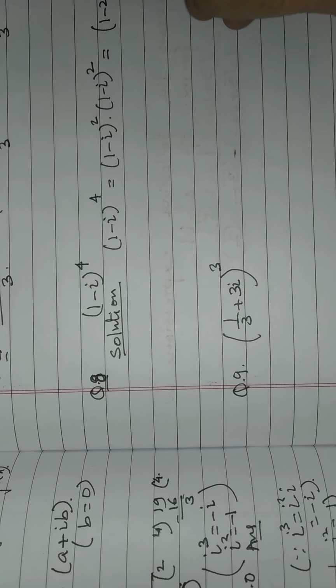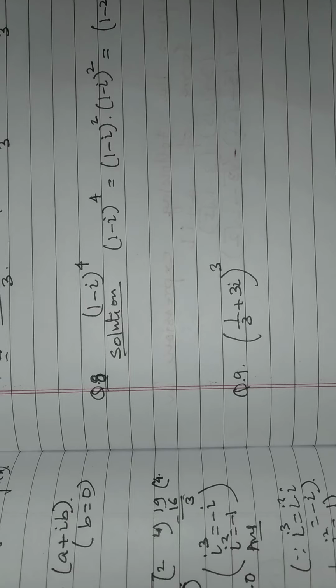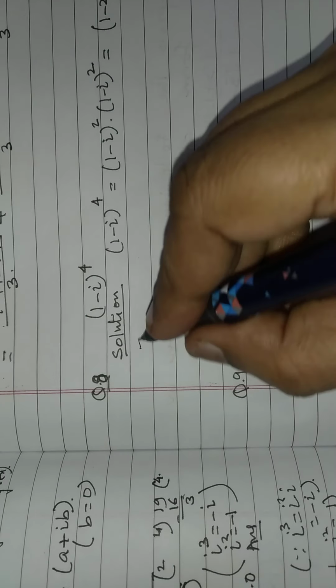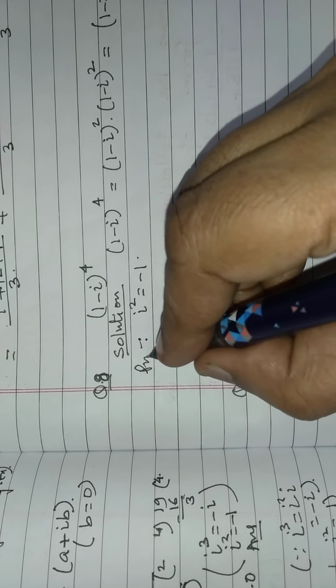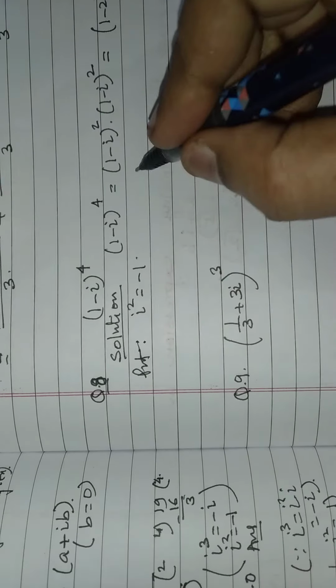So this is a minus b whole square. So 1 minus 2i, then it is i square, and here again it is 1 minus 2i, and then i square. And as we know that i square is equal to minus 1, so put it here.